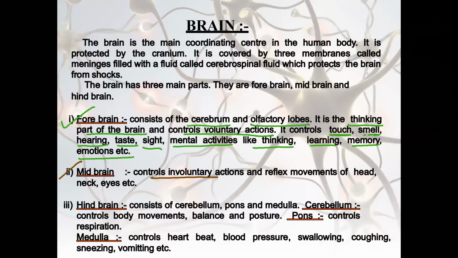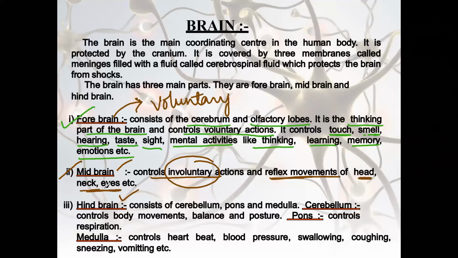It controls involuntary action. So we can say that all the voluntary actions are controlled by forebrain, whereas involuntary actions are controlled by midbrain and hindbrain. Involuntary actions and reflex movements of the head and neck, eyes.